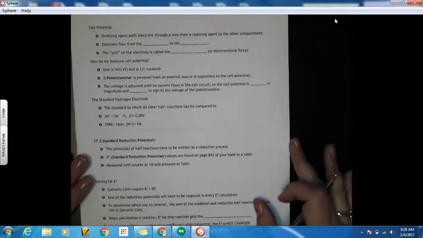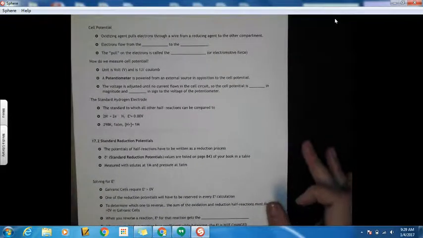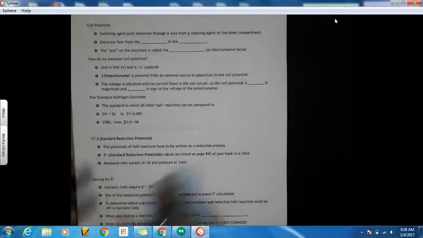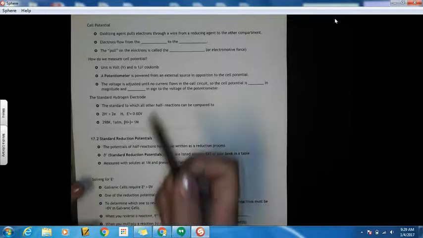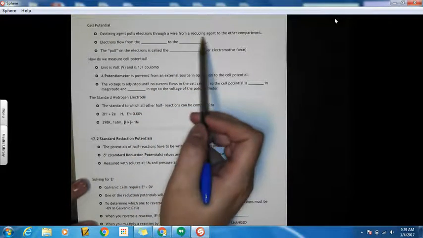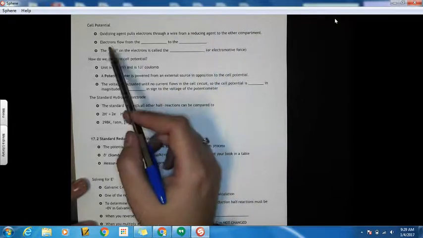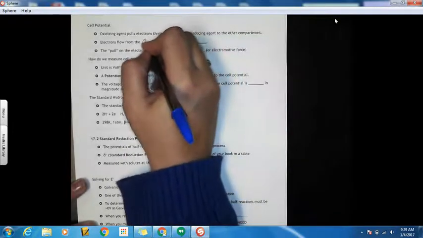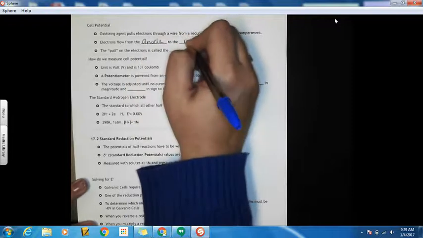Now we can measure how much potential there is. So that's called our cell potential. How much electricity is being formed. All right, so the oxidizing agent pulls electrons through a wire from the reducing agent to the other compartment. The electrons flow from the anode again to the cathode.